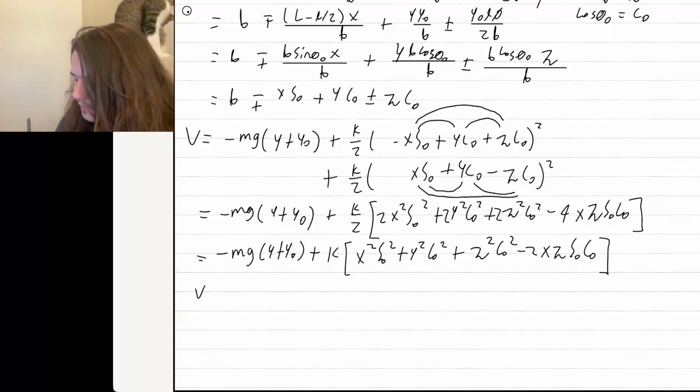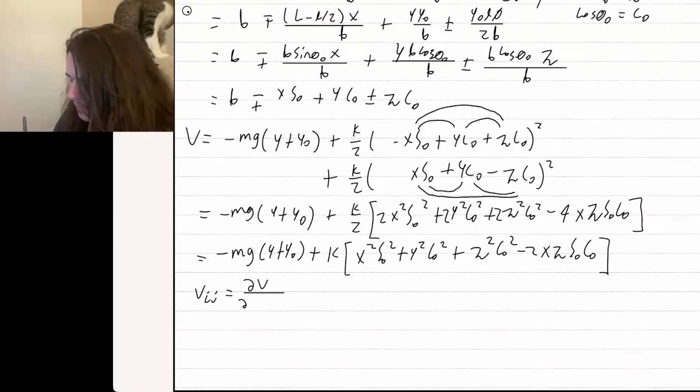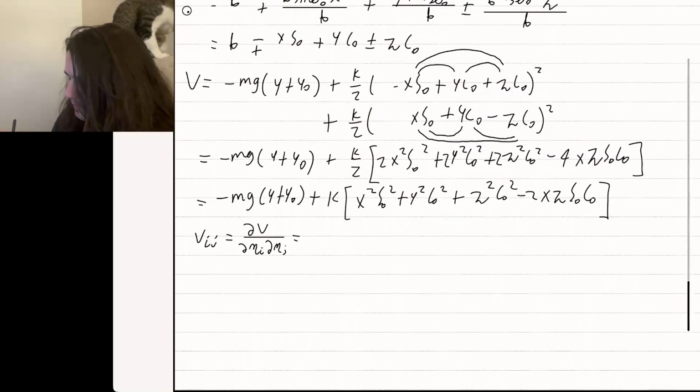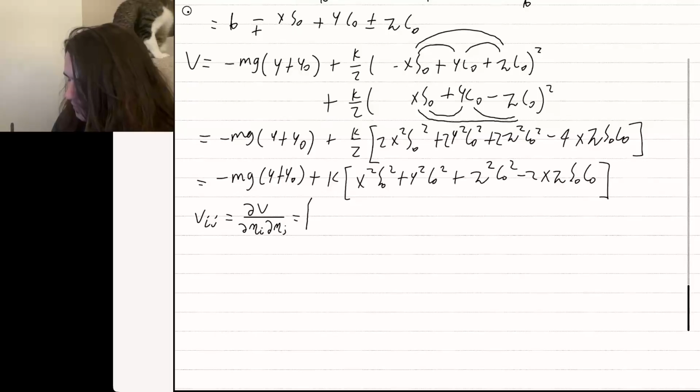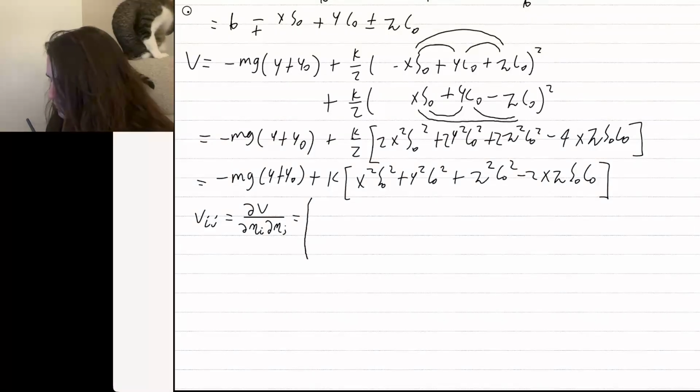We know that it's just the Jacobian of the potential energy with respect to the generalized coordinates that we came up with. So, right, we got to take 2 derivatives of each on each of these matrix points. So if you take the derivative with respect to x twice, you would get 2k s naught squared. If you did y twice, you would get 2k c naught squared.